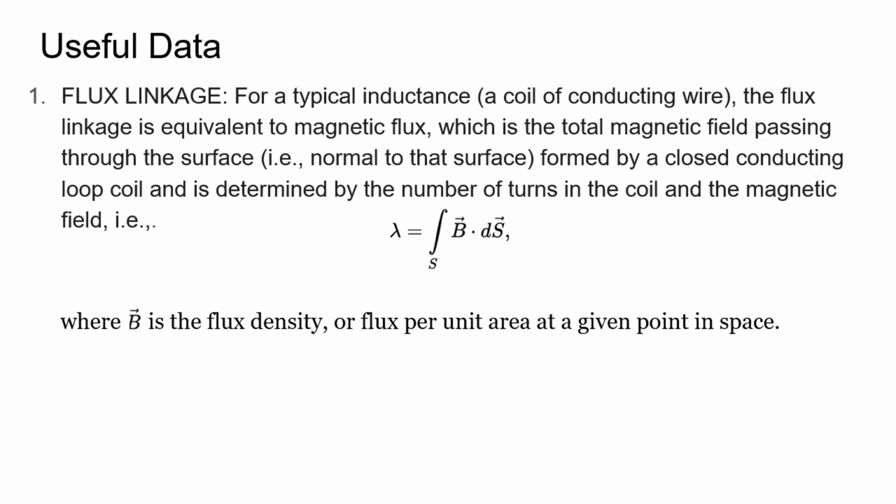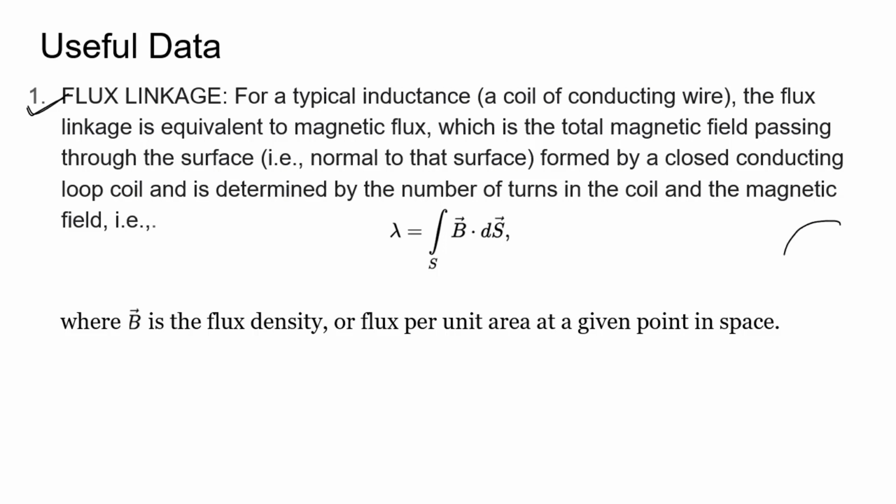The basic data we need to have handy to solve this question is, first, the flux linkage. You may pause the video wherever necessary. For a typical inductance, a coil of conducting wire, the flux linkage is equivalent to the magnetic flux, which is the total magnetic field passing through the surface.